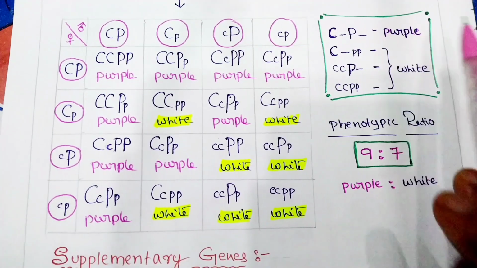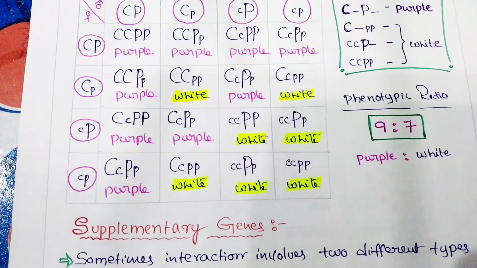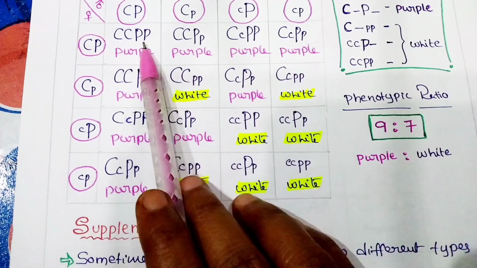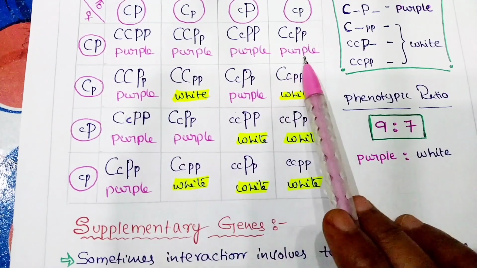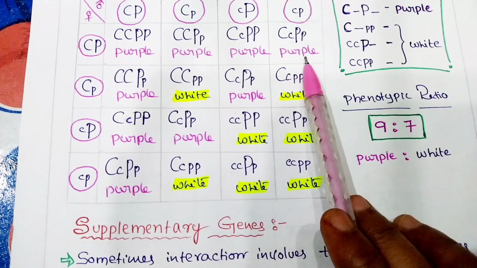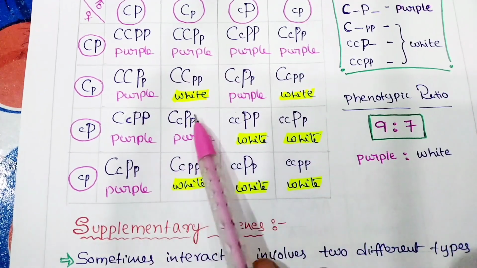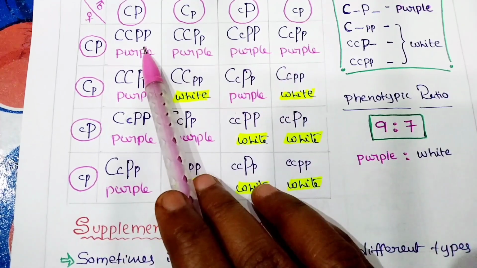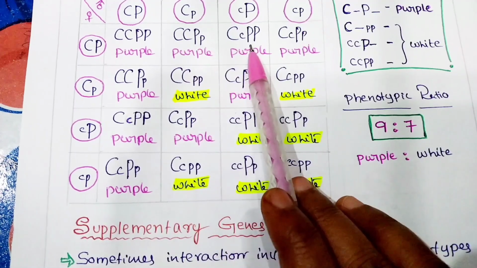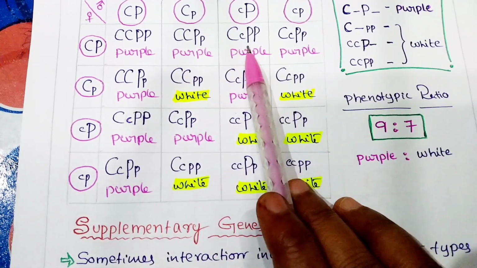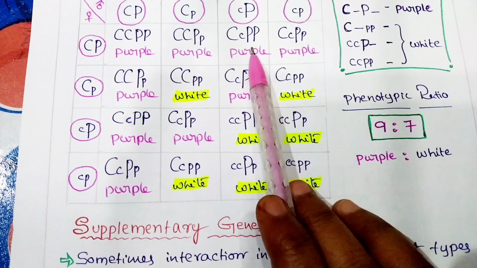Remember. So look at the Punnett board carefully. These are all purple colored flowers. Why? Because these 9 plants have both capital C and capital P alleles. That's why they produce purple color.